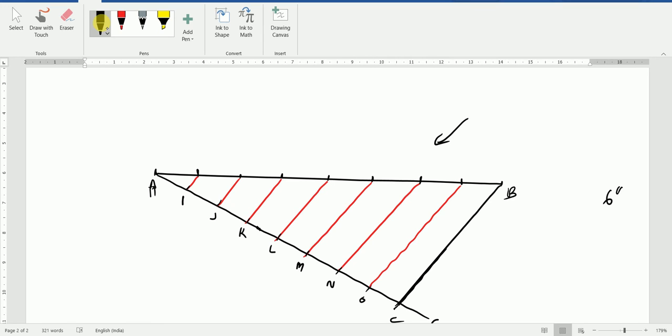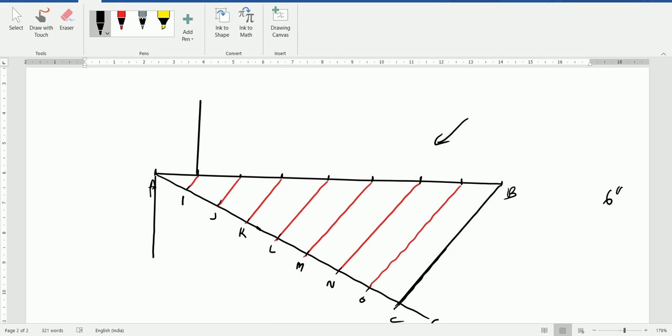Just erect one perpendicular above the line like this, and another perpendicular down below the line AB. Then again we have to divide these perpendiculars into 8 equal divisions.